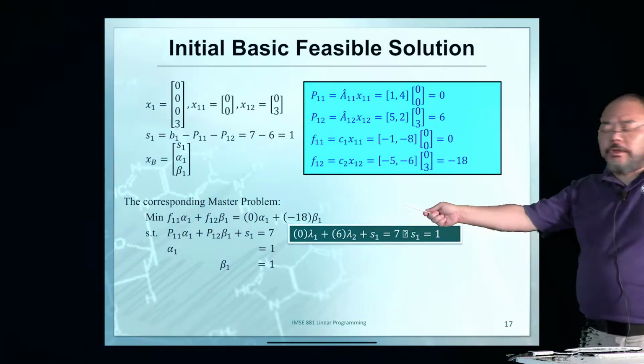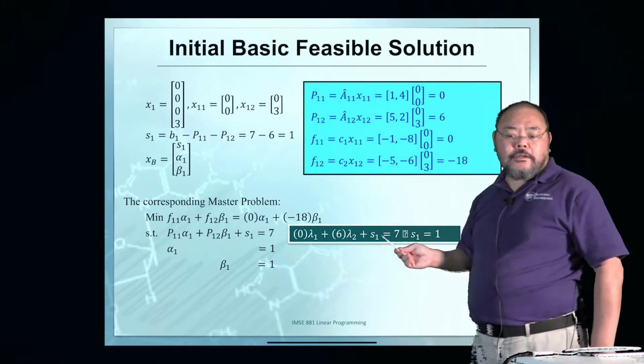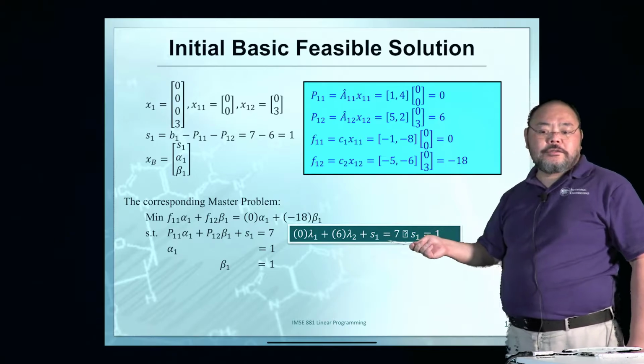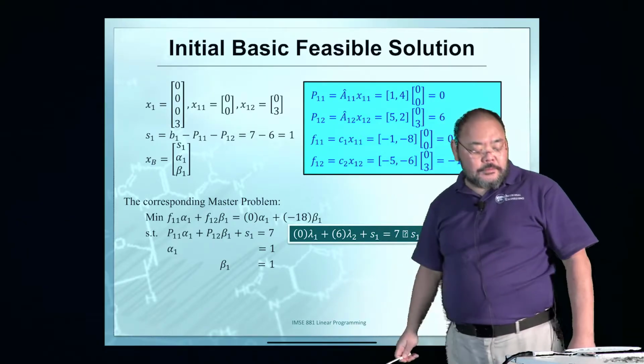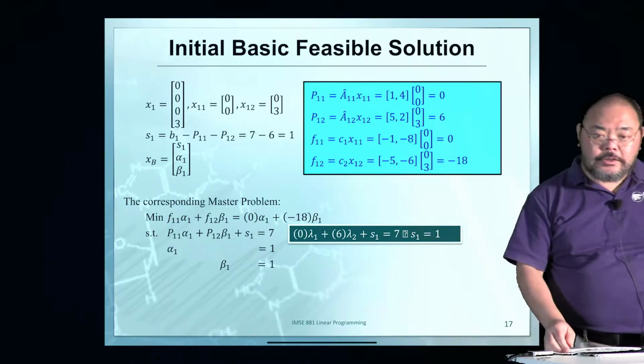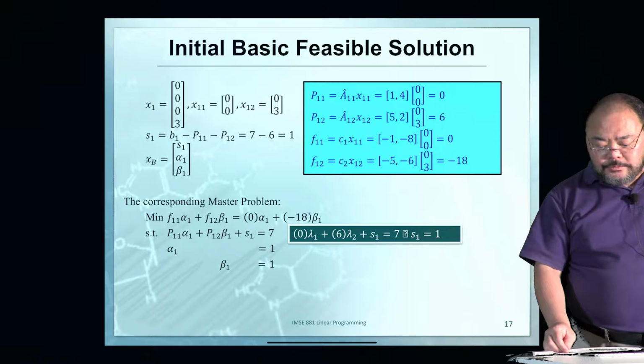I also show you how the 0 and 6 are calculated in the global sense and why S1 equals 1. My slack variable for the global constraint currently equals 1.